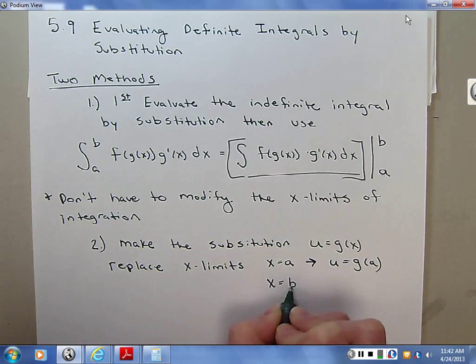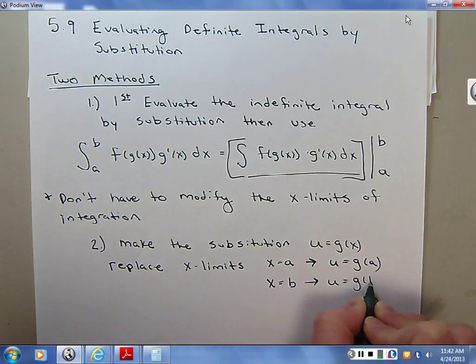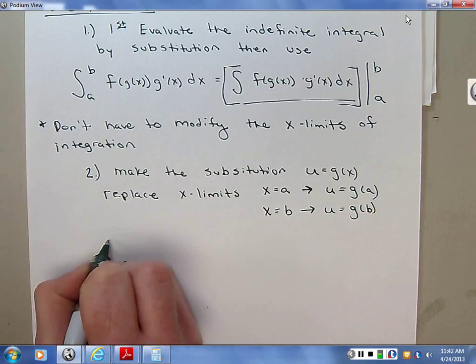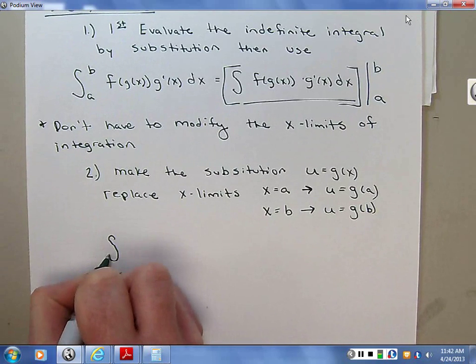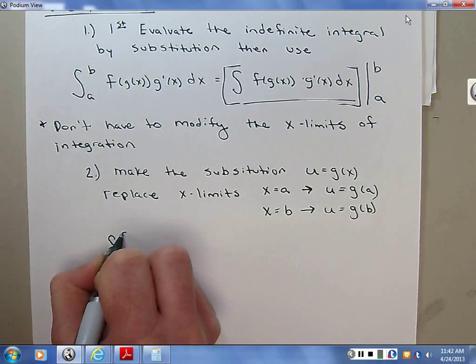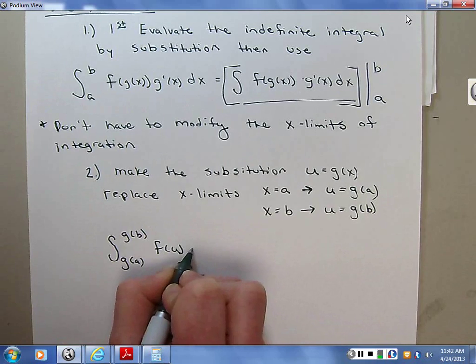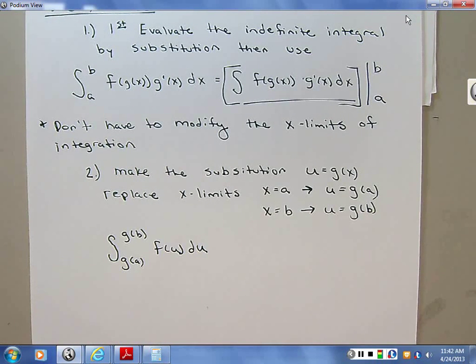And x equals b, you change that to u equals g of b. So now you're dealing with the integral from g of a to g of b of f of u du. So then after you integrate it, you have a function of u. You can plug in your u bounds. You don't have to go back to terms of x. I'll give you guys a minute to write that down.